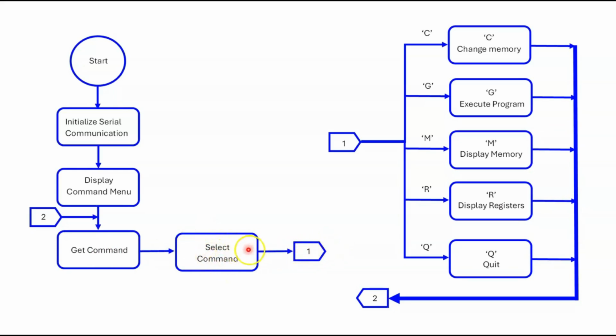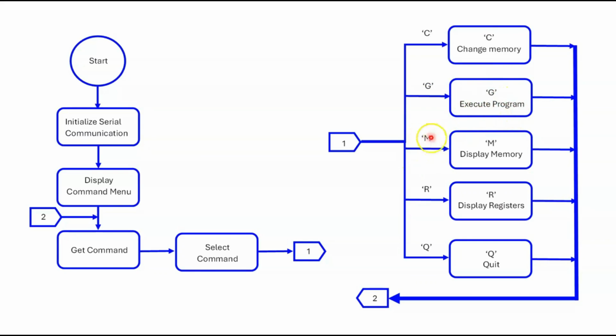Then, depending on the command that is selected, it will execute one of these subroutines. So if a user types in C, then it will execute the change command. If the user types in a G, then the execute command subroutine will be executed.